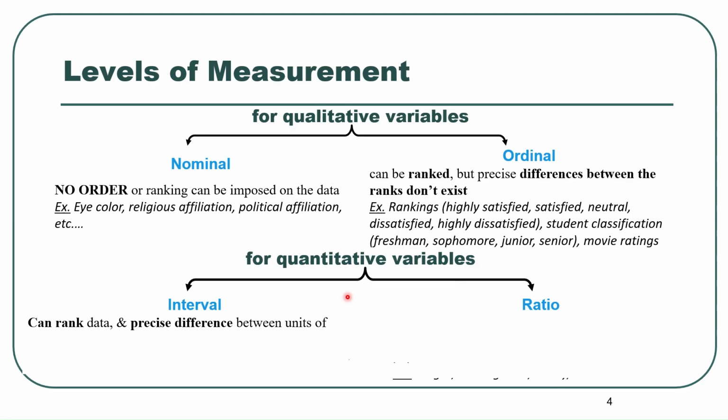For the interval scale, I can rank my data for that quantitative variable. Obviously, any quantitative variable could be ranked because these are numbers after all. So after saying that we can rank them, it would be measured on the interval scale if there is a precise difference between the units that could be measured.